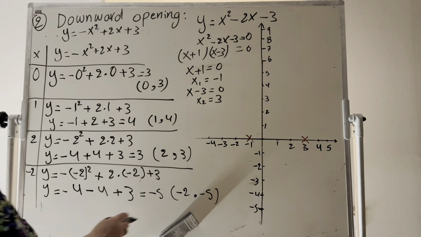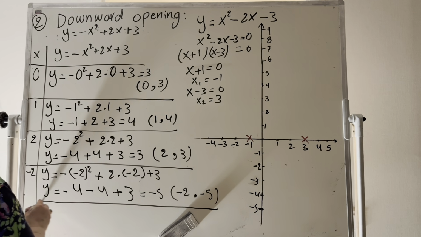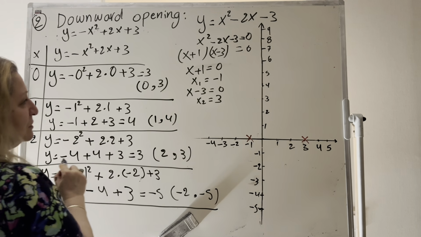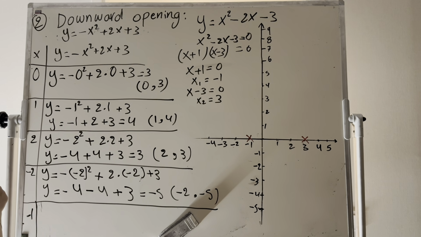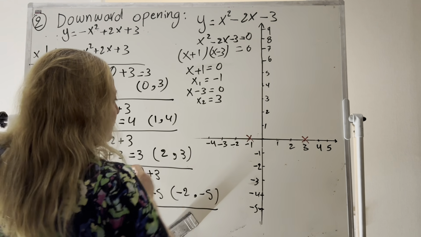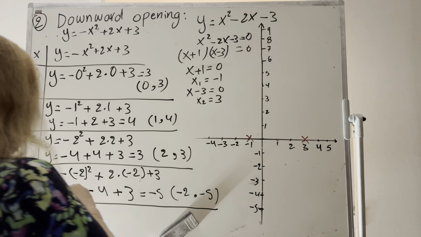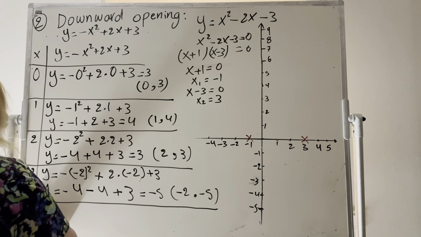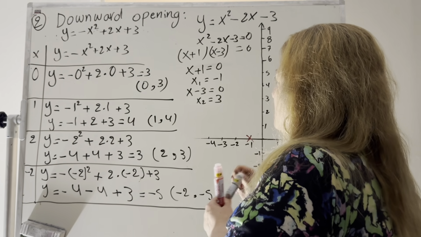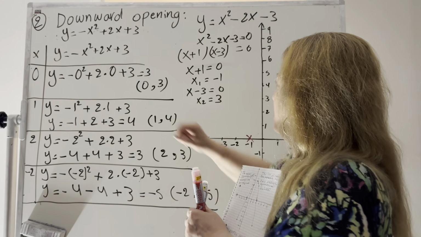Then I have the last value. I forgot minus 1, and I have it here. I don't need to calculate it, because when x equals minus 1, y equals 0.